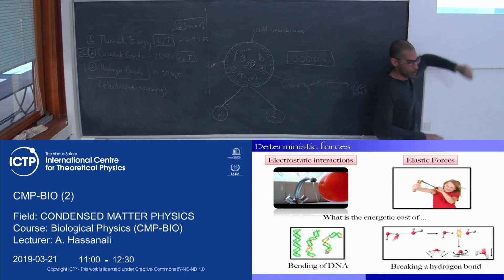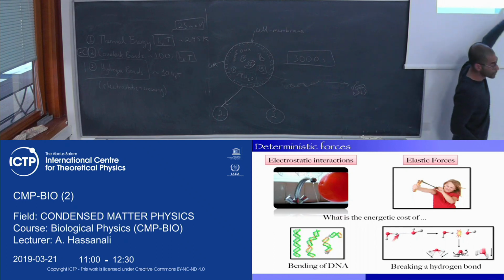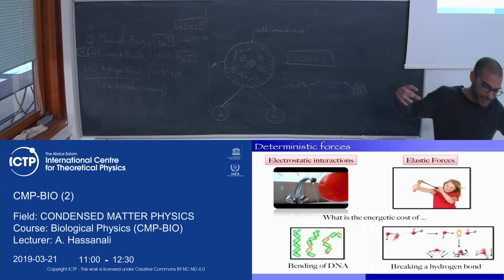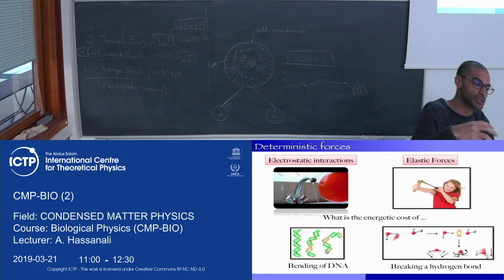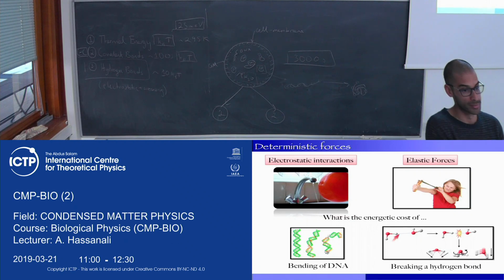For example, if I want to bend a DNA molecule, if I want to stretch a protein, I'm going to be doing some elastic type of energy. If I want to break hydrogen bonds, or I want to bring charged particles in a liquid environment close to each other, I'm going to be doing some electrostatic work to bring those particles together.